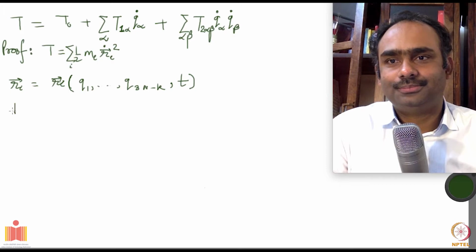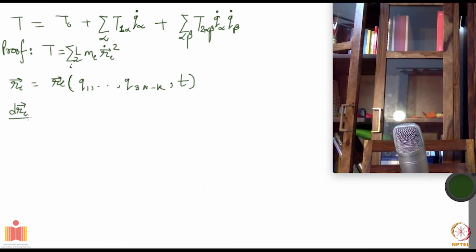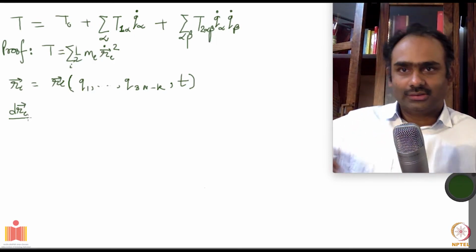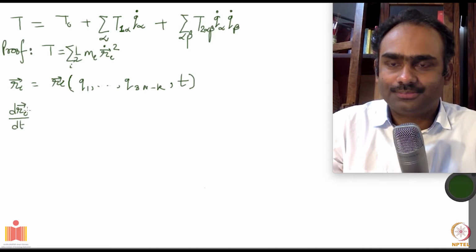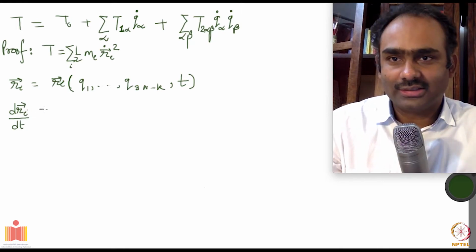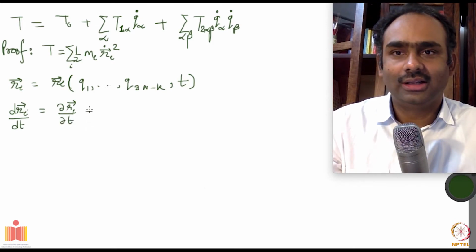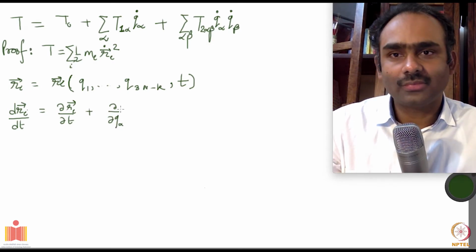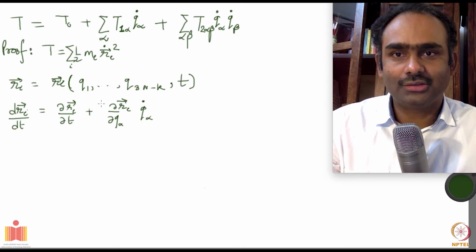So the velocity is dr_i over dt, which is del r_i over del t, so you take the partial derivative, plus the partial derivatives with respect to all the coordinates alpha, del r_i over del q alpha, times q alpha dot, and you should sum over all the alphas.